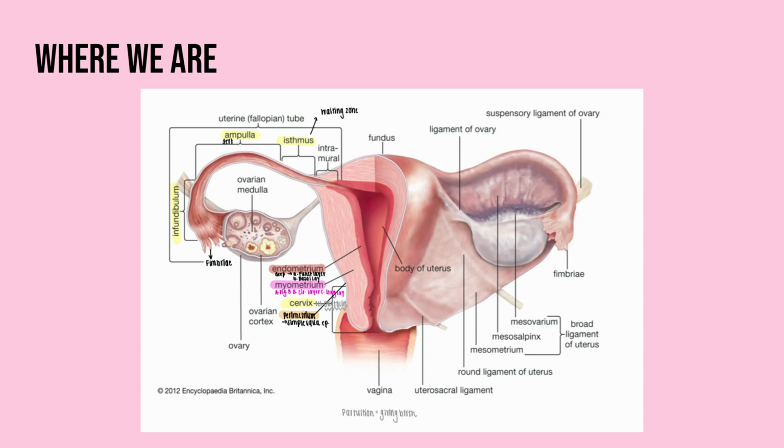The hypothalamus is stimulated due to low estrogen and progesterone. So at the end, I'm going to write corpus luteum dies, but it doesn't actually die. It just withers away.